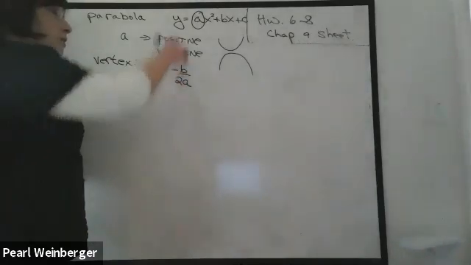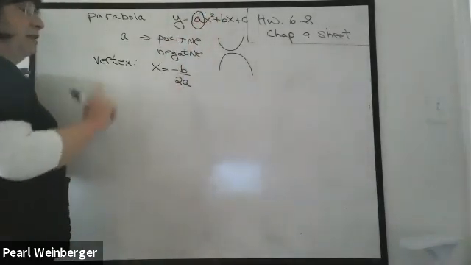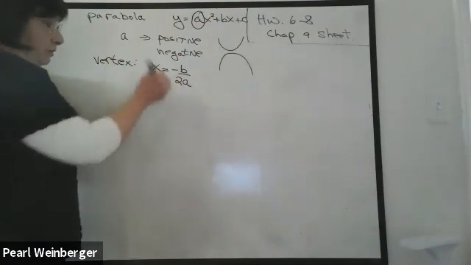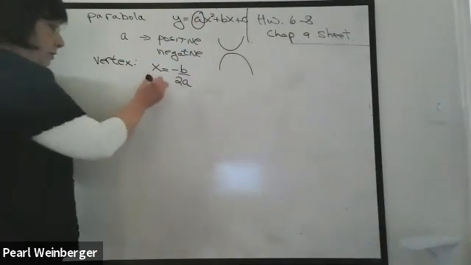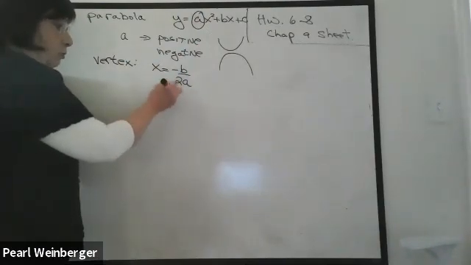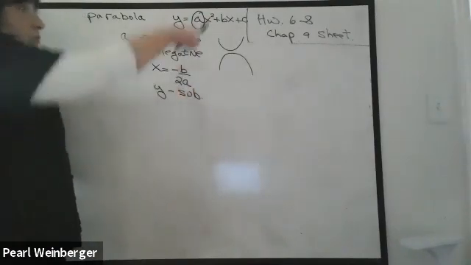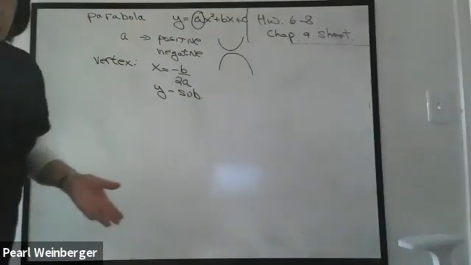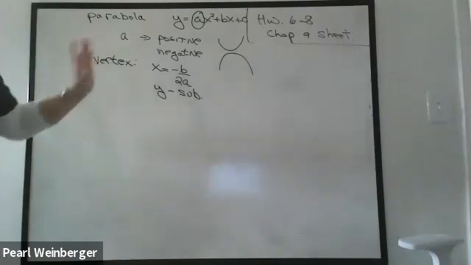If you take negative b and divide it by 2a, that will give you the x value of the vertex. It's only the x value, but remember, a vertex is a point. To find the y value, you substitute your answer into the equation. So there is a formula that allows you to find the vertex.